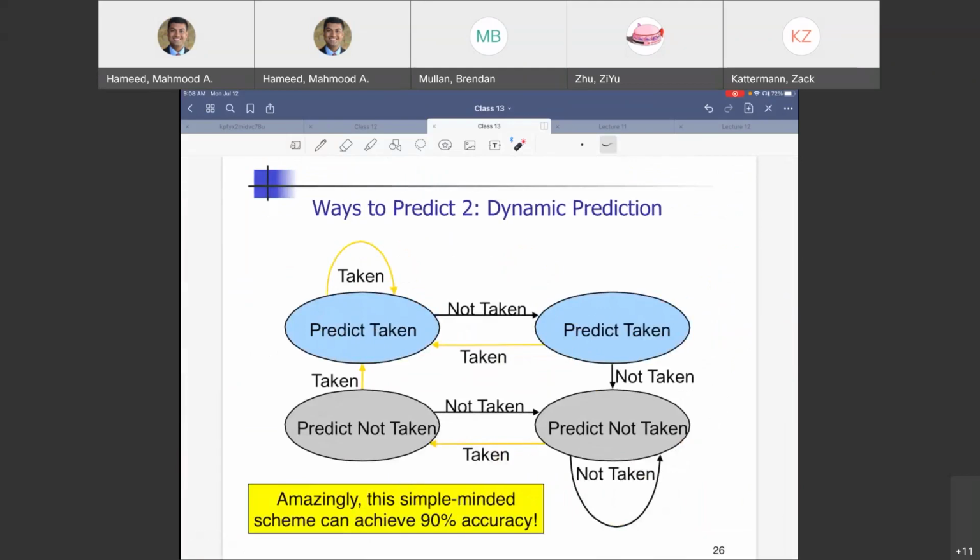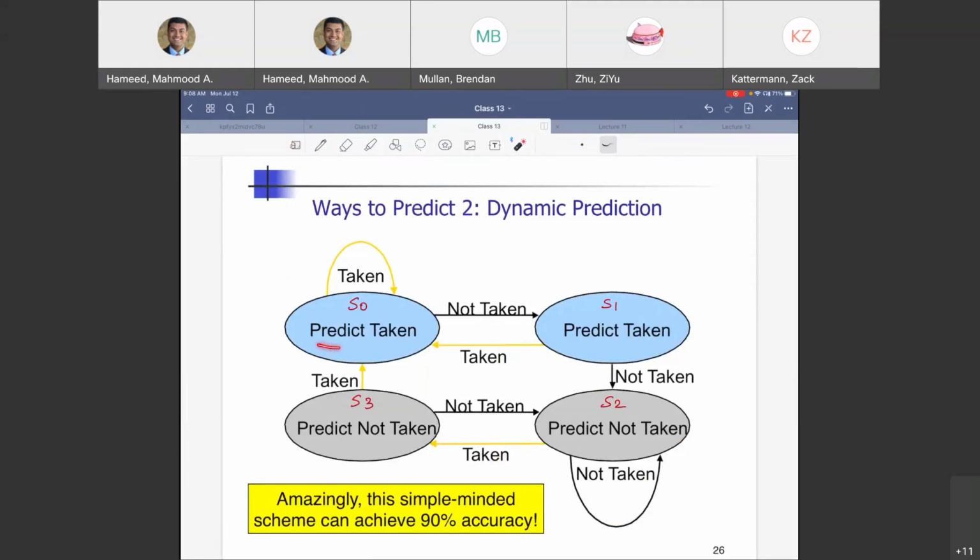You have 4 states. Let me call them state 0, state 1, state 2, and state 3. I'm arbitrarily assigning them 4 names. In the ones that are highlighted in blue, the prediction is that branch is taken. And in the ones that are highlighted in gray, the prediction is branch is not taken.